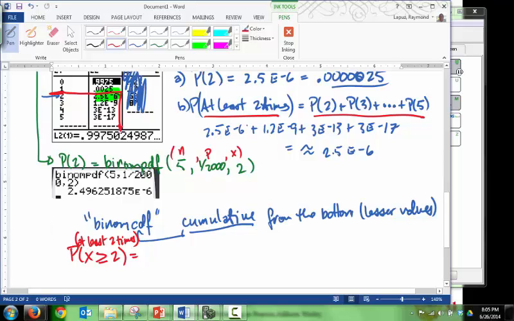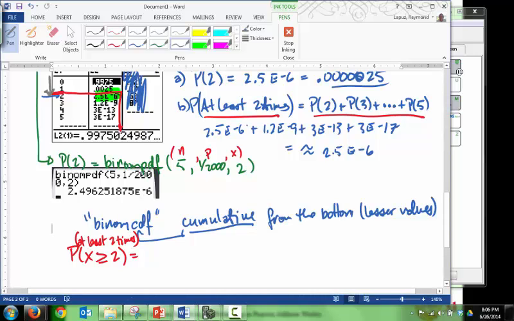Now, I can use this cumulative distribution, but the binomial CDF starts from 0. But I want the rest of them. So what do I need to do to get the rest of them?